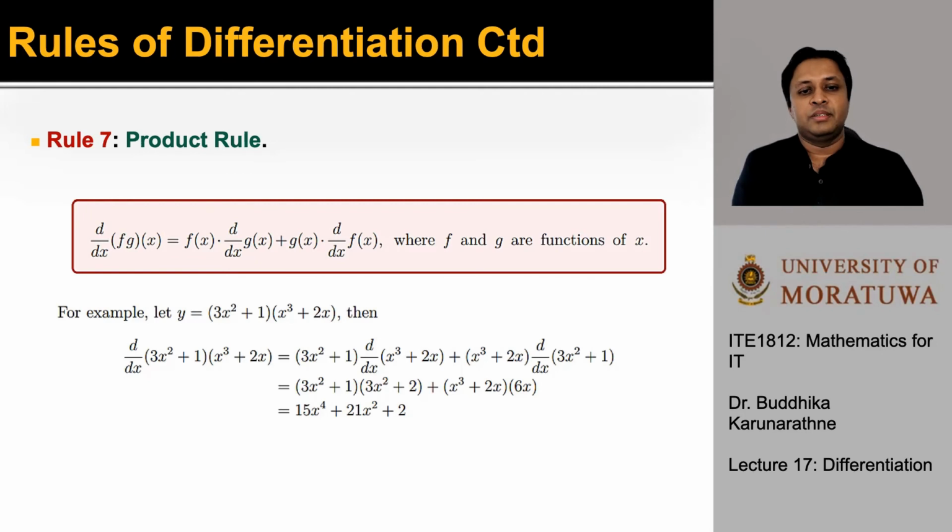Then you simply apply the above product rule. Then you are left with (3x squared plus 1) times the derivative of x cubed plus 2x, plus (x cubed plus 2x) times the derivative of 3x squared plus 1. It's not complicated.